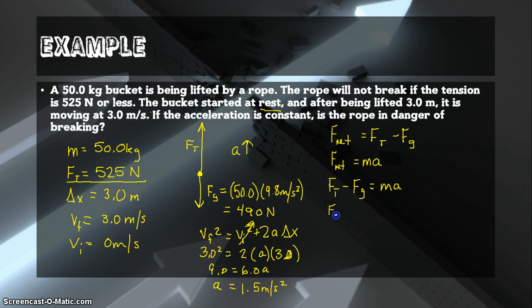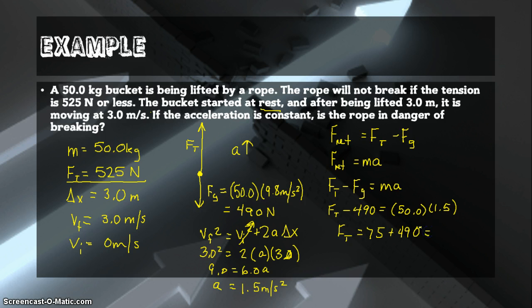So the force of tension minus 490 newtons is going to equal the mass of that accelerating bucket, which is 50 kilograms, times the acceleration, which is 1.5 meters per second squared. So let's take force of tension equals 50 times 1.5, which is 75, plus 490.